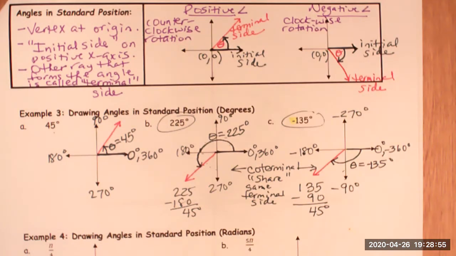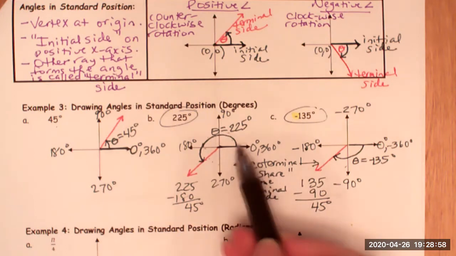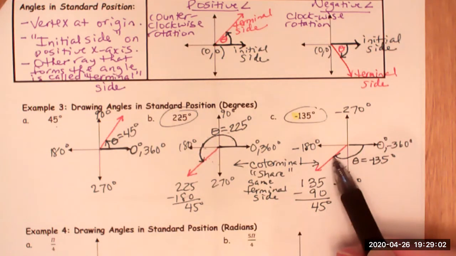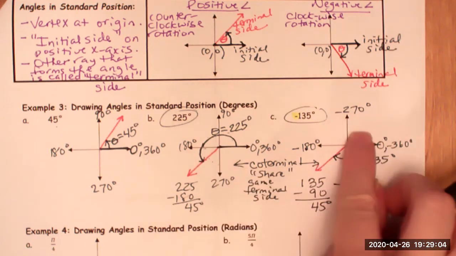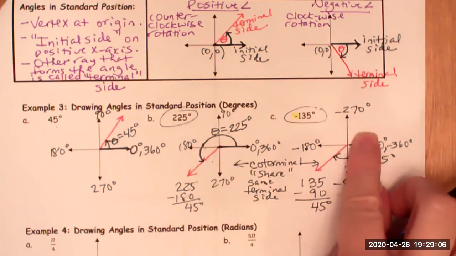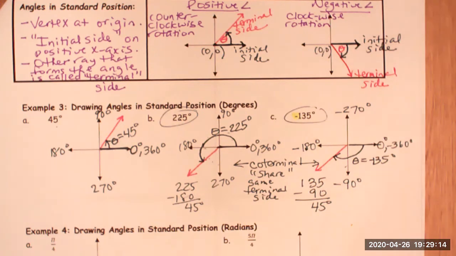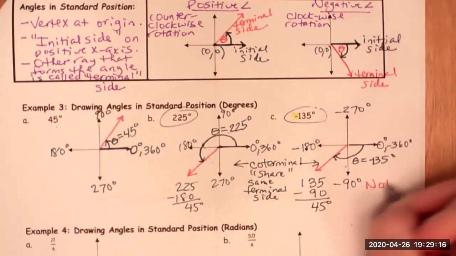Another thing to notice is if you look at this rotation and you look at this rotation, if you were to put them together on the same coordinate plane, you'd have one full rotation around the circle of 360 degrees. This is something to notice because I know that it comes up on your assignment.